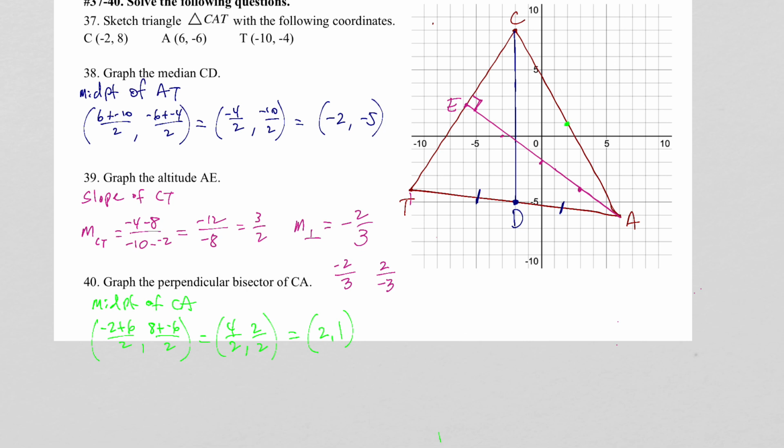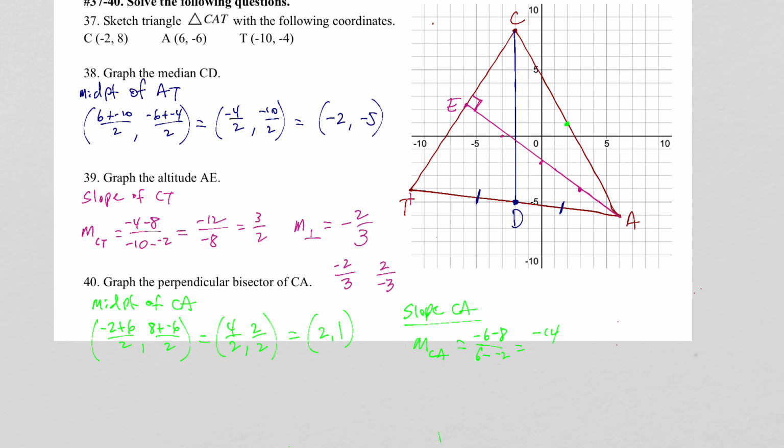Okay, now I need to know the slope of CA. So the slope of CA is the difference of the y's, so negative 6 minus 8, over the difference of the x's, which is 6 minus negative 2.